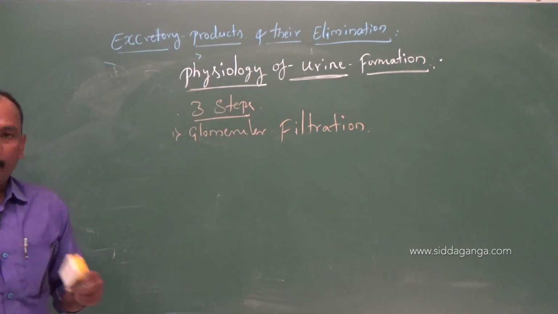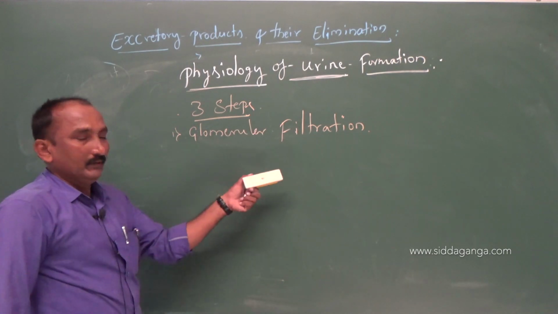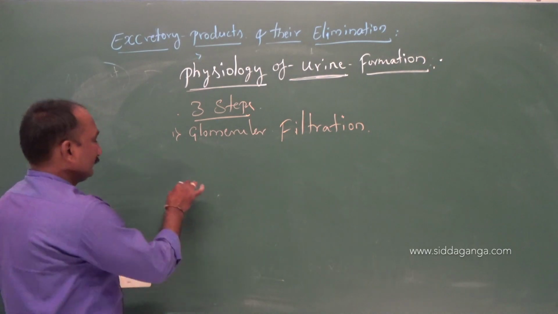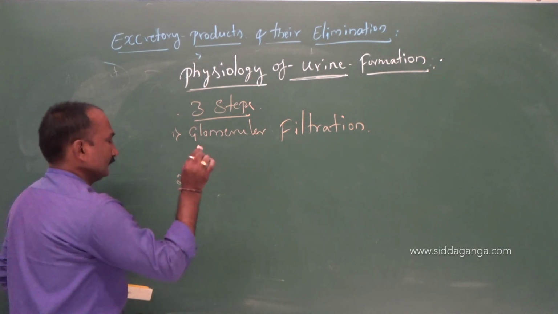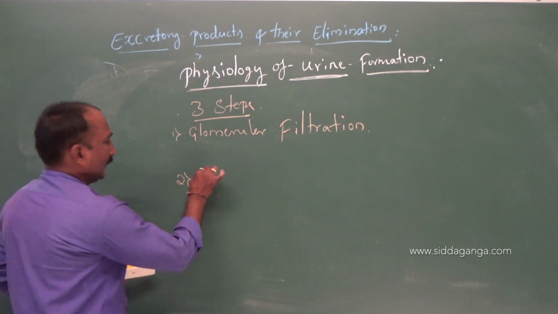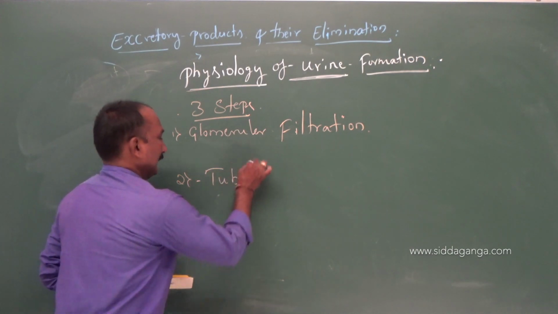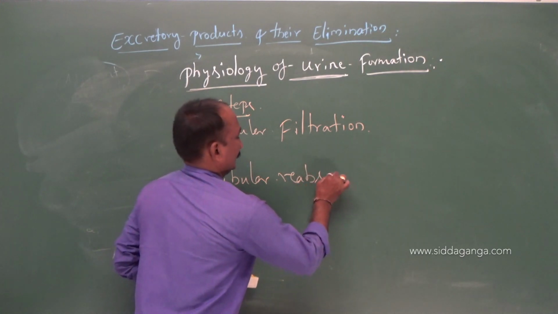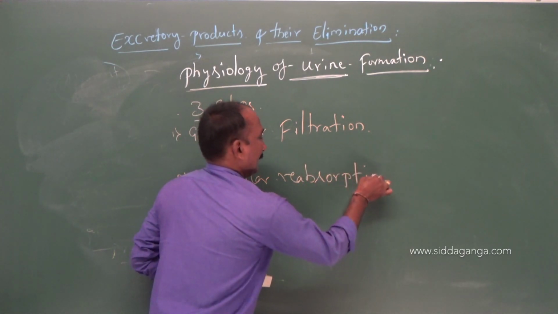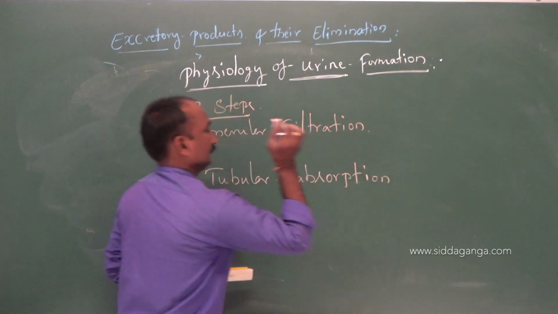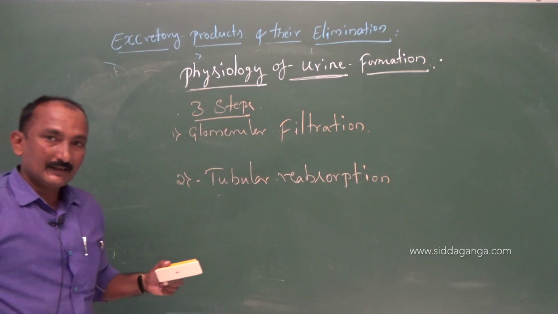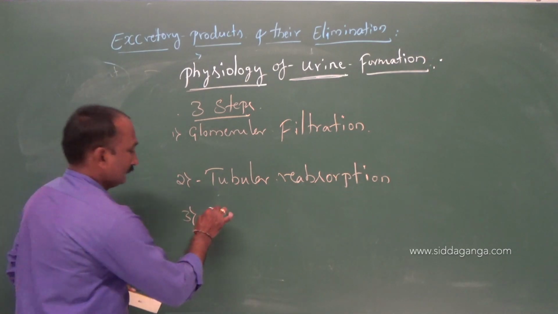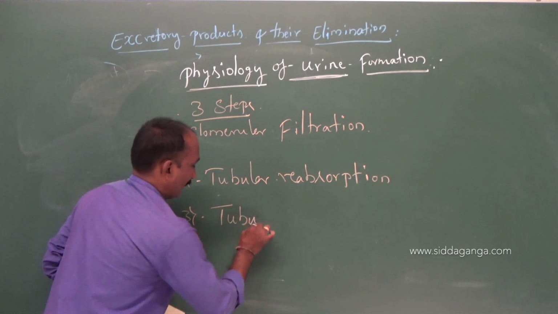What is glomerular filtration? We will discuss in detail. It is the first step. Then the second step, what is the second step? That is tubular reabsorption. Then the third step, tubular secretion.